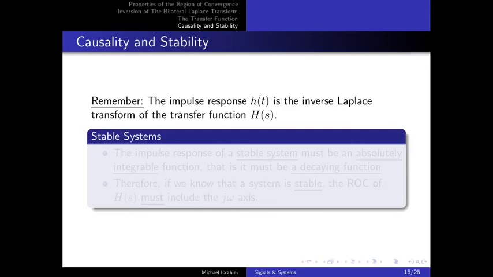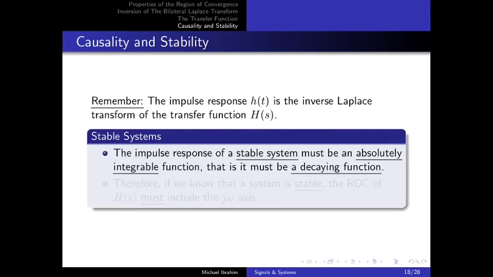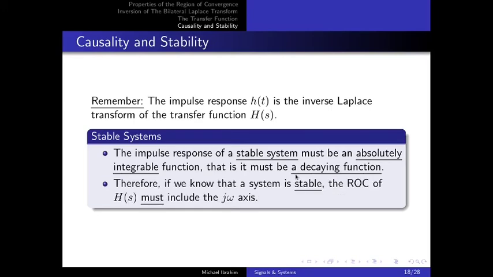And for stability, if you remember, the impulse response of a stable system must be absolutely integrable, that is, it must be a decaying function. Therefore, a system is stable if the region of convergence includes the jω axis.